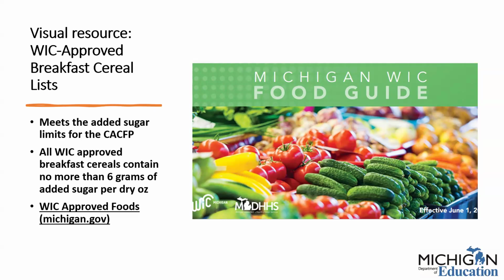So if you choose cereals from their book, you can be confident that they meet the added sugar guidelines. However, something to note is the yogurts in the WIC guide do not all meet the added sugar requirements. So please be mindful of the yogurt. We're strictly speaking breakfast when it comes to the WIC food guide.